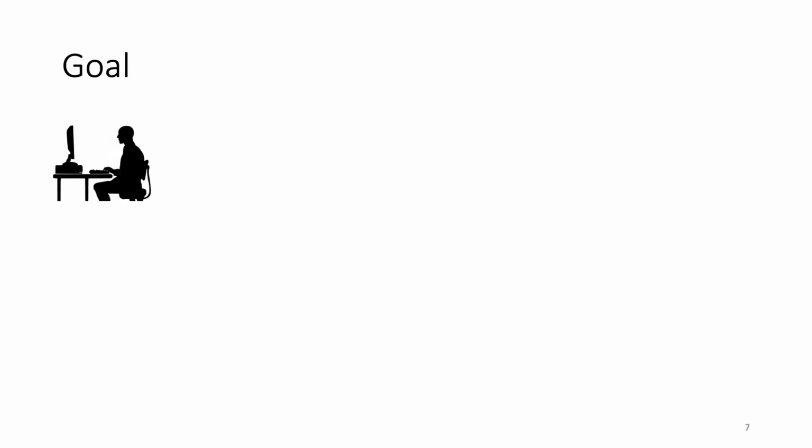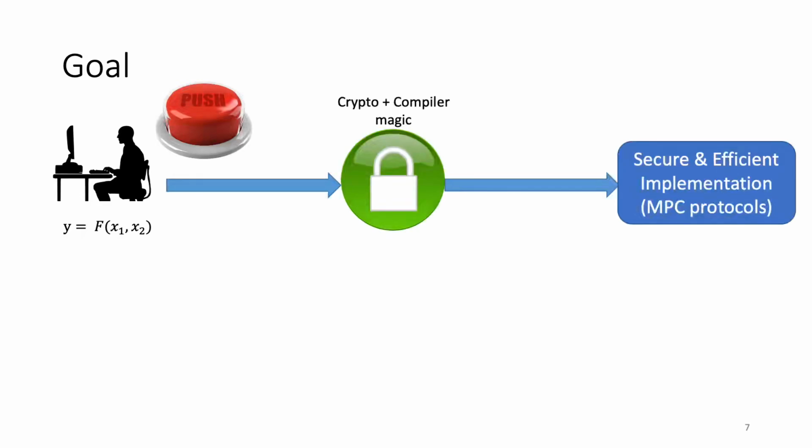With these issues in mind, we set out with the following goal. Consider a developer who is interested in the MPC protocol implementation for the function f. Ideally, he should only have to represent f in the most natural framework for expressing it, and then push a button and get a secure and efficient MPC protocol implementation using some crypto and compiler magic. For machine learning applications, one of the most natural frameworks for expressing these computations is TensorFlow, which we consider in this work.